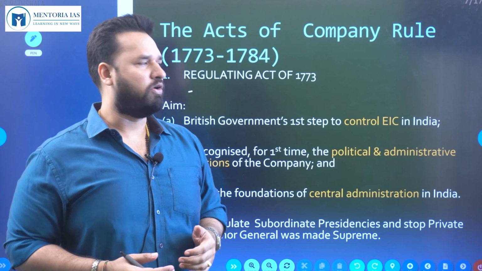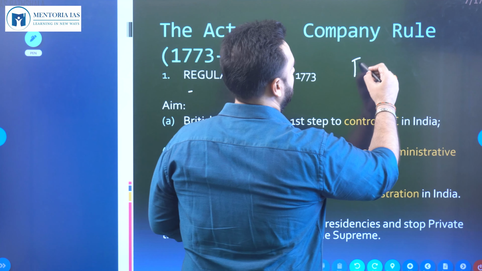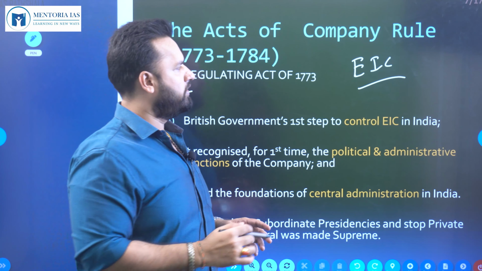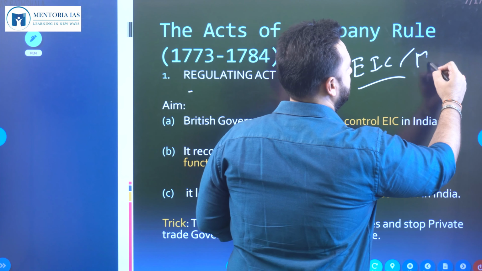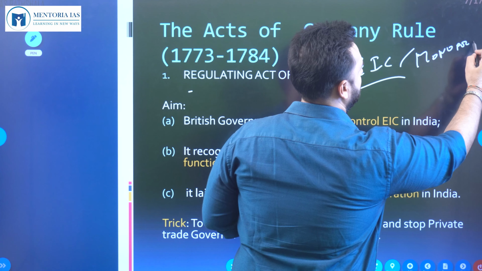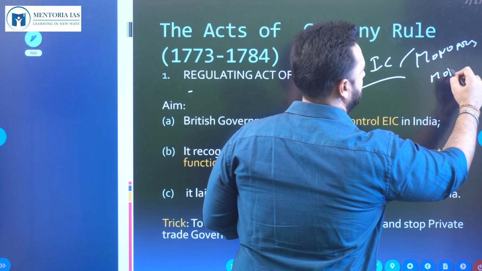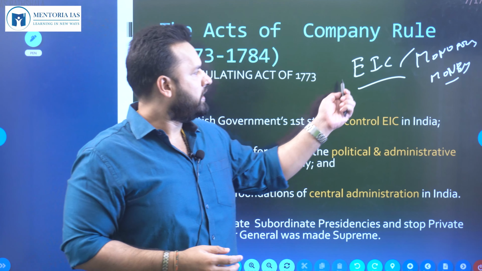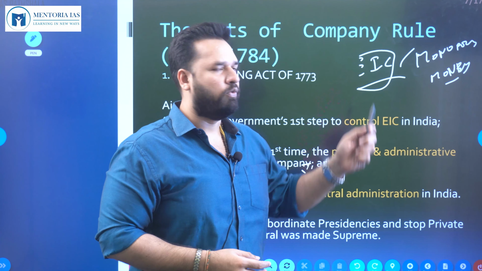Why should we regulate? Because East India Company was given monopoly rights, right? Once you are a monopoly, you will collect more money, right? And that company will become rich. But East India Company went into losses.